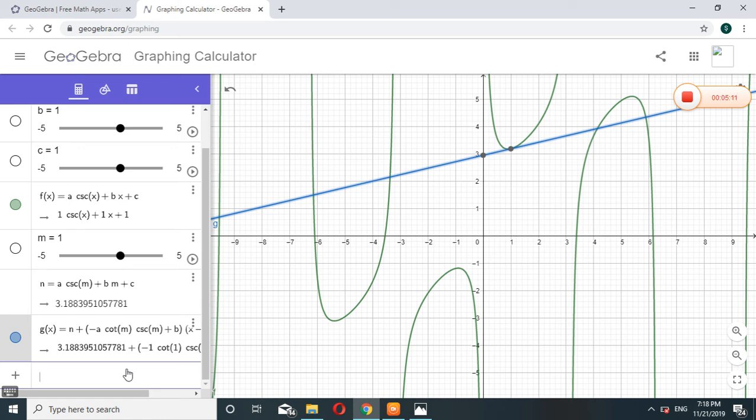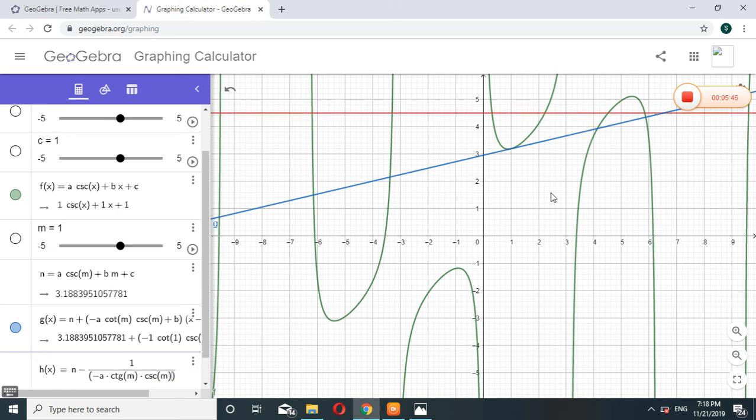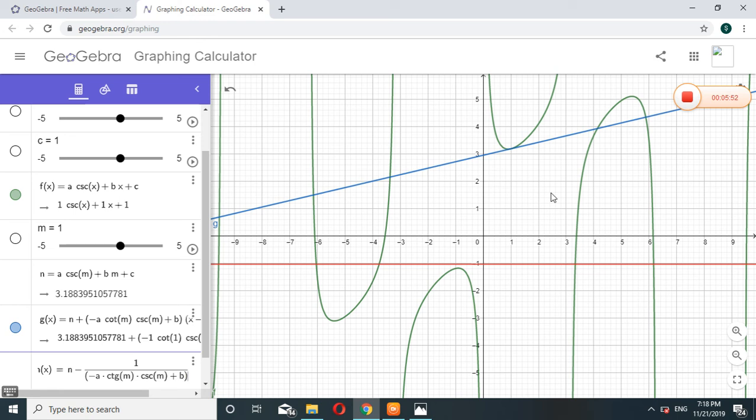Okay, therefore let's write this also. h of x equals n minus 1 over minus a times cotangent m multiply cosecant m plus b times x minus m.